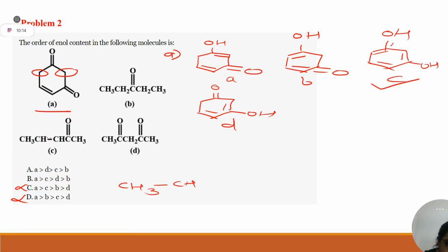Let's make the structure. This is a double bond, I think. CH3, CH. No, no, it's a single bond. Its tautomer will be either this. One possibility is this.